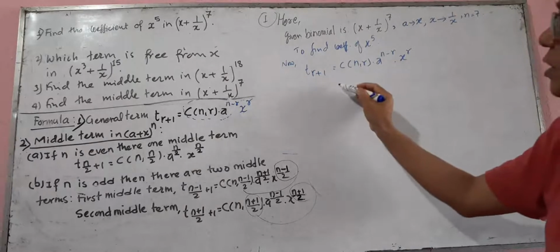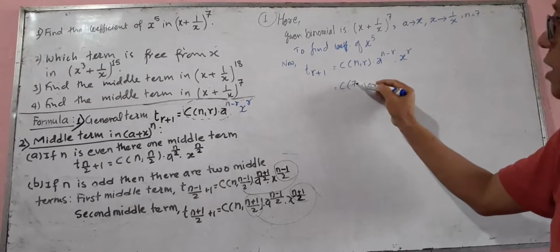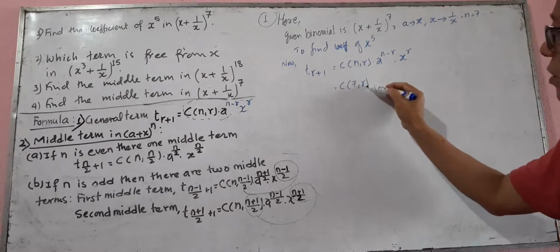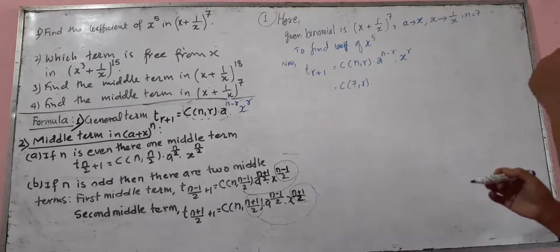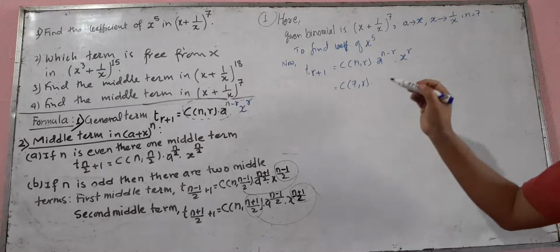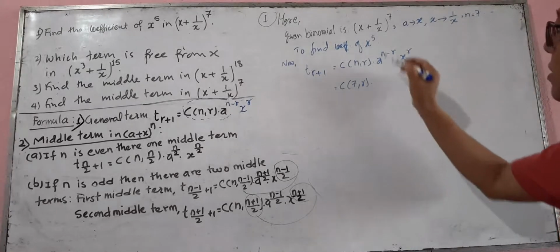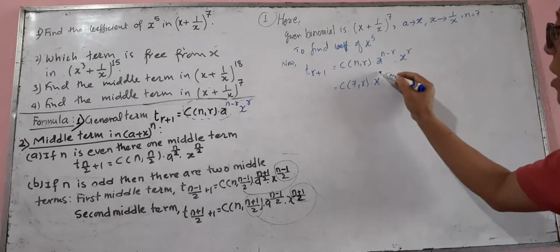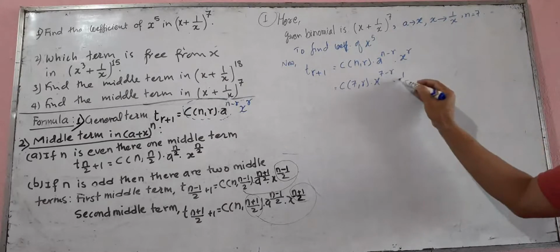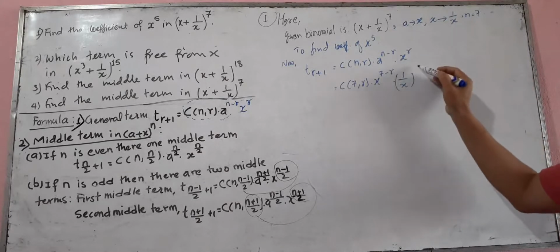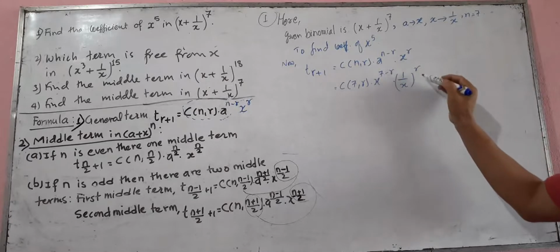Remember this. So C(7,r) is to be determined, and a, that is x, to the power n minus r is 7 minus r, times 1 by x to the power r.